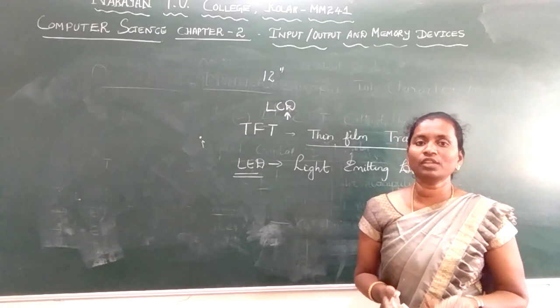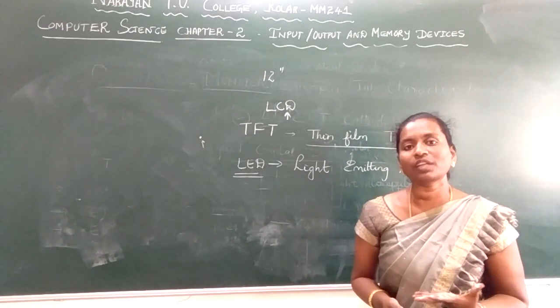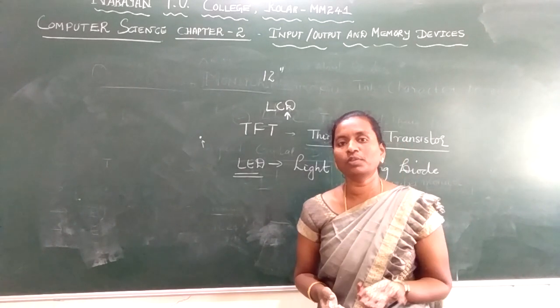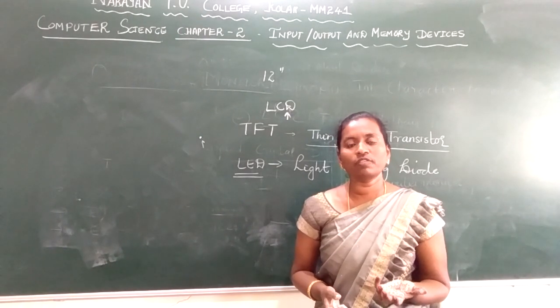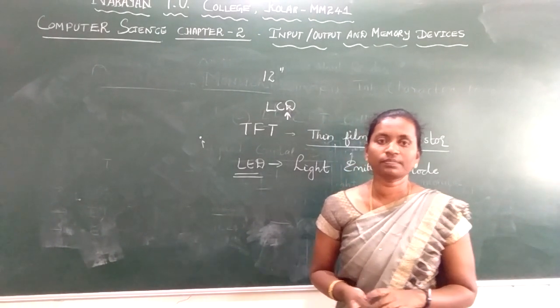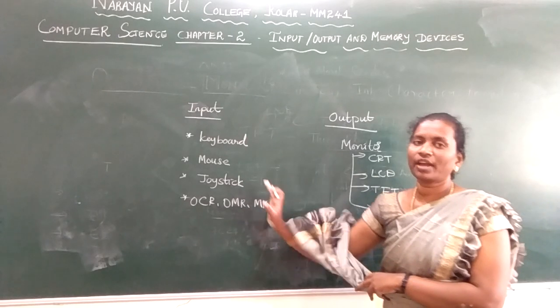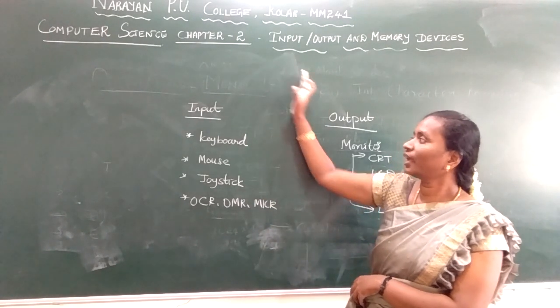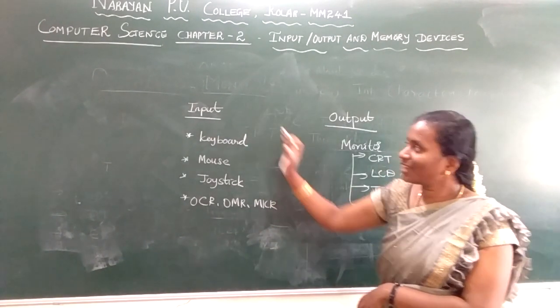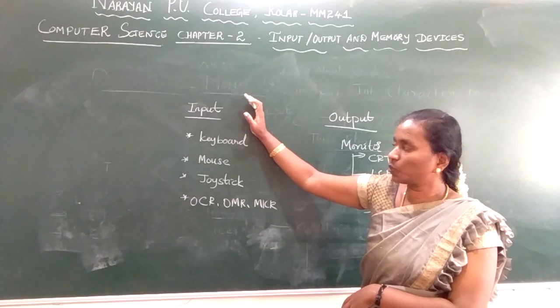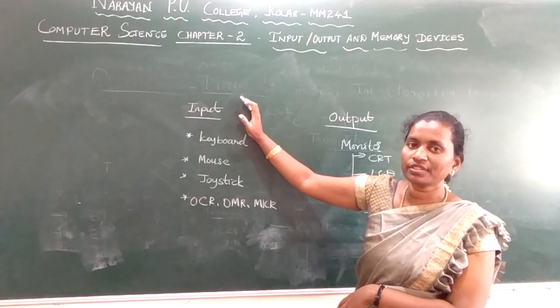For today's class we discussed the input devices and a part of the output devices. Students, I will just revise the input and output devices. In today's class we have seen what input devices are and what output devices are.